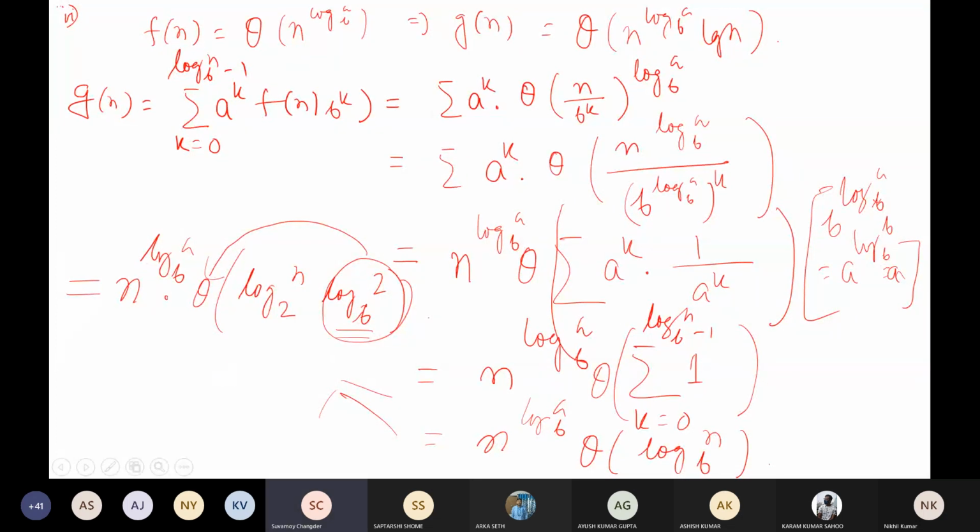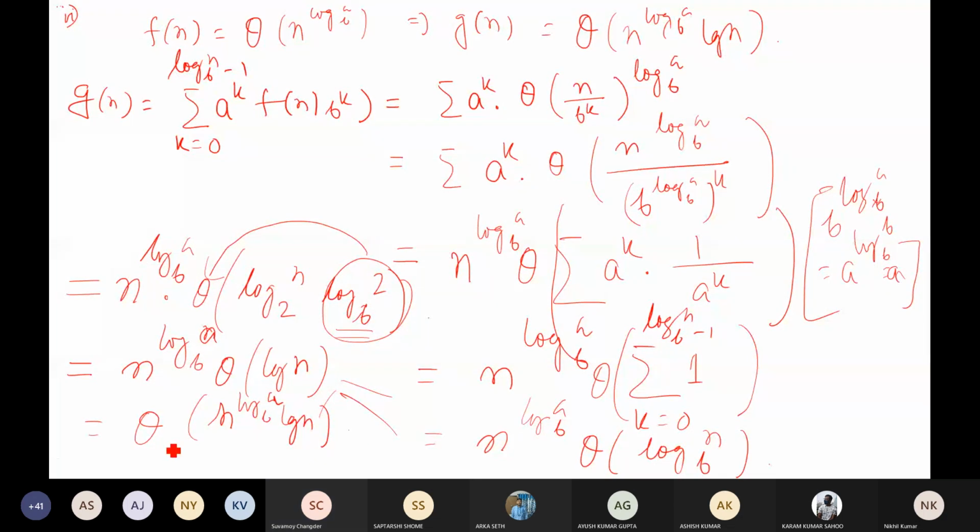So we can write this as log n, n to the power log a base b theta of log n base 2. So that is equal to theta of n to the power log a base b log of n. Now see, case 2 is also proved.